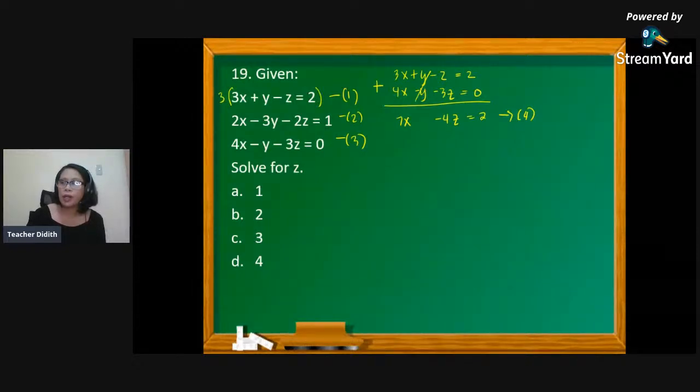And then let's write the renamed equation 1 below. So we have 9x plus 3y minus 3z equals 6. So we multiply each term of the equation by 3. So this is the new equation now. And then we'll copy equation 2. So we have 2x minus 3y minus 2z equals 1. And then we will perform addition again. So this is 11x and this is eliminated, minus 5z equals 7.